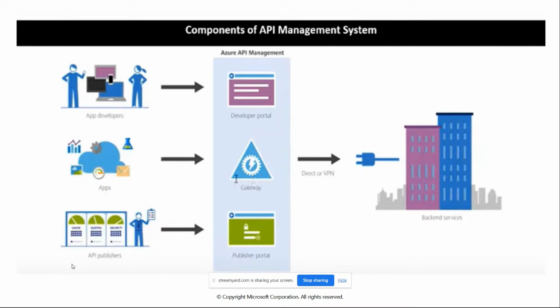And the publisher portal is something that resides here, right? And nowadays, since the Azure API management system has changed, you don't need a separate publisher portal anymore, wherein the API publisher can directly publish without the publisher portal.